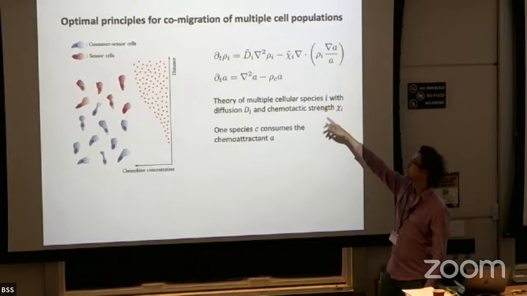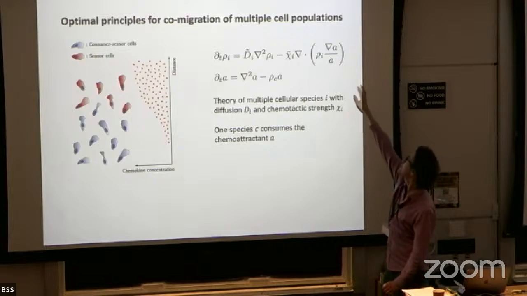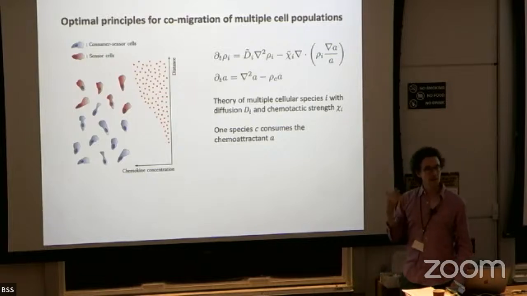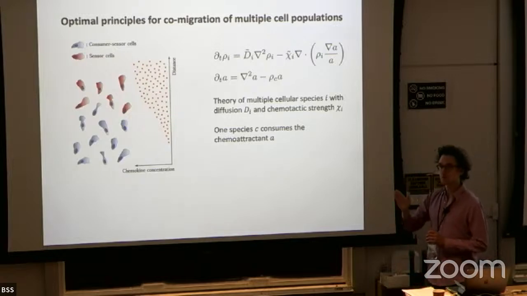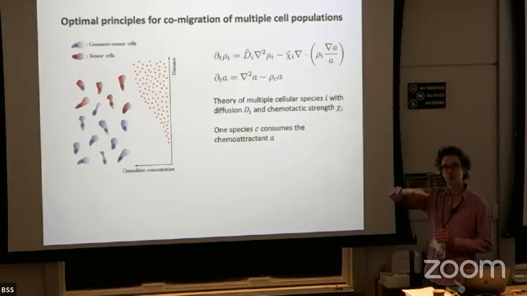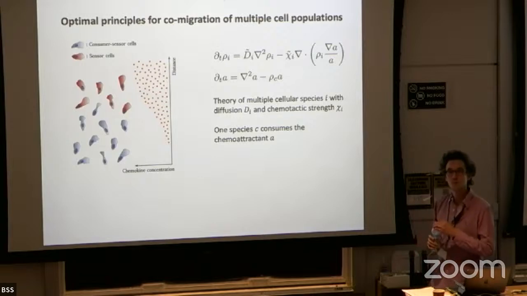Every cell can have different diffusivities and different chemotactic efficiencies chi, and we say that they do relative gradient sensing. That's based, for instance, on the fact that when Michael puts cells on a pre-patterned linear versus exponential gradient, cells seem to have a constant velocity on an exponential gradient, which is consistent with relative gradient sensing.